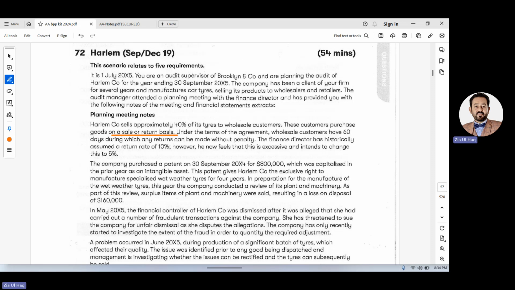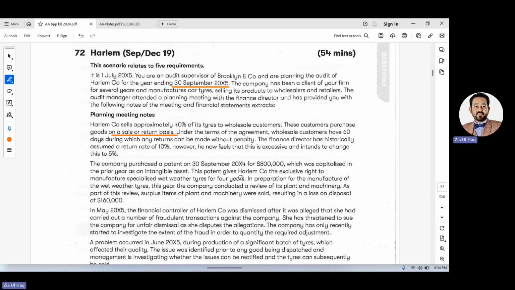So the company has purchased a patent, meaning an intangible asset, on 30th September 20x4. What's the year end? 30th September 20x5. For 800,000, which was capitalized in the prior year as an intangible asset. That's fine. They can record it as an intangible asset.